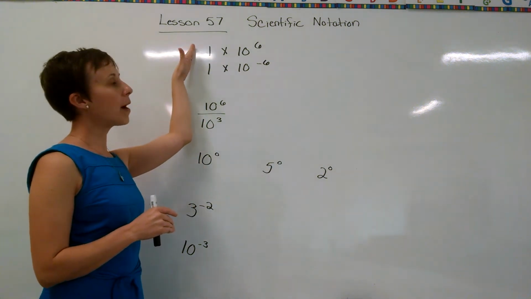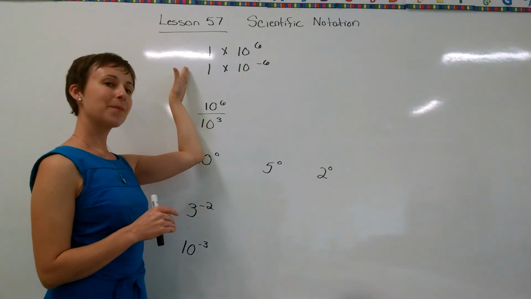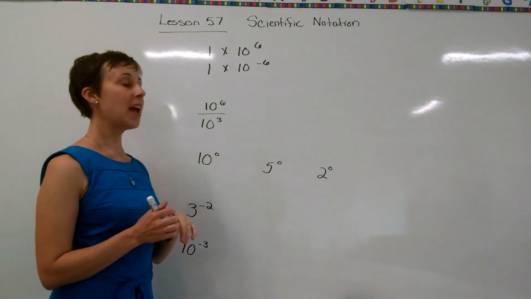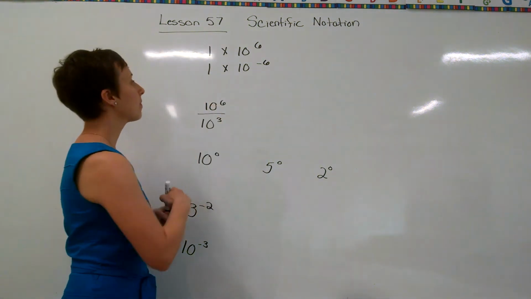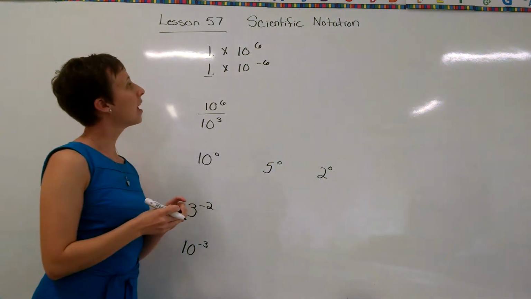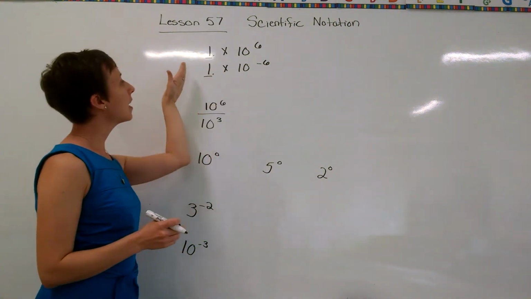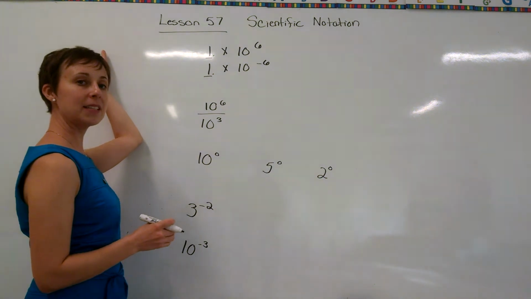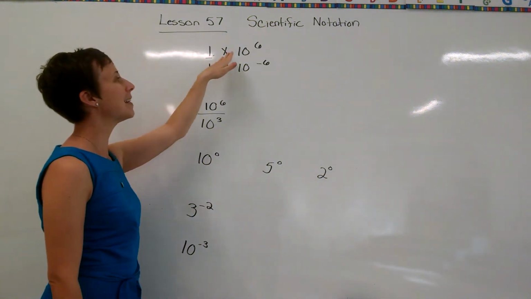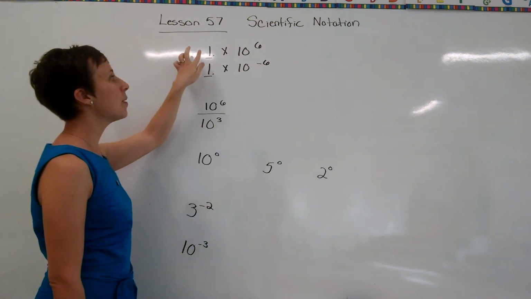Let's start with a reminder of what scientific notation is. Scientific notation always looks the same way. It is one number in the ones place. It can have a decimal after it, but it can never have a place above it. So it could be 1, or it could be 1.5, or 1.86, but it would never be 11.